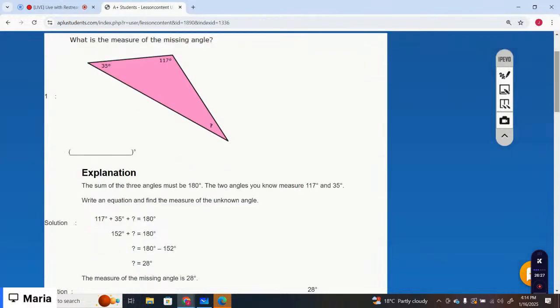We know that the sum of angles in a triangle must be 180 degrees. So 35 degrees plus 117 plus the missing number equals 180, right? Add these two angles, the sum is 152. Subtract the sum from the other side. That is 28 degrees.